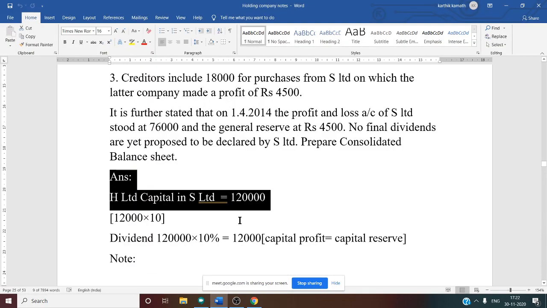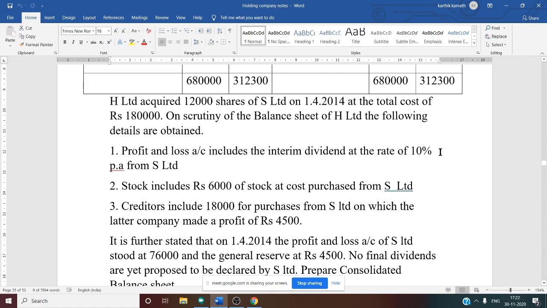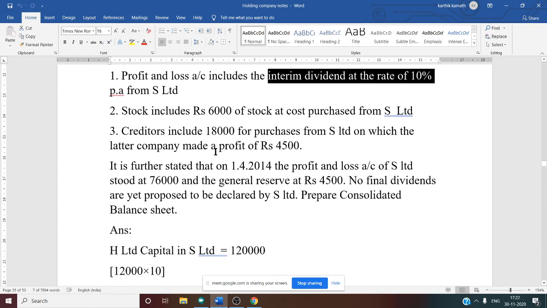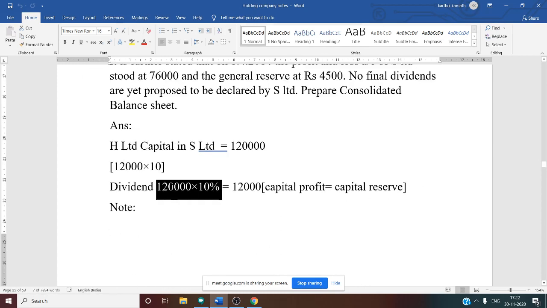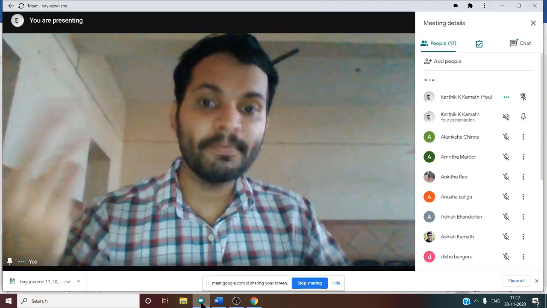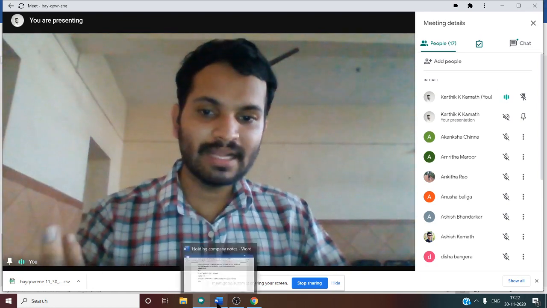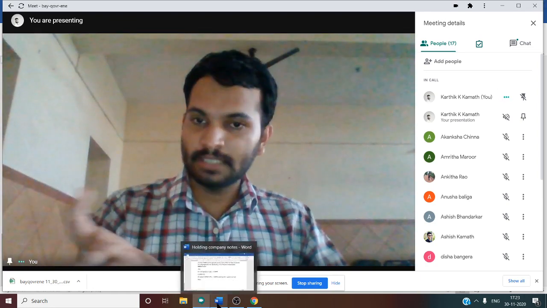How to calculate the interim dividend? There is a rate given in the adjustment, that is 10% per annum from Yes Limited. On 1,20,000 take 10%, you will get interim dividend of 12,000. But this interim dividend is out of a capital transaction, because we have considered paid up capital.